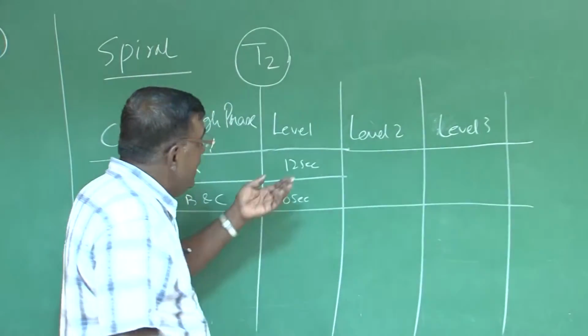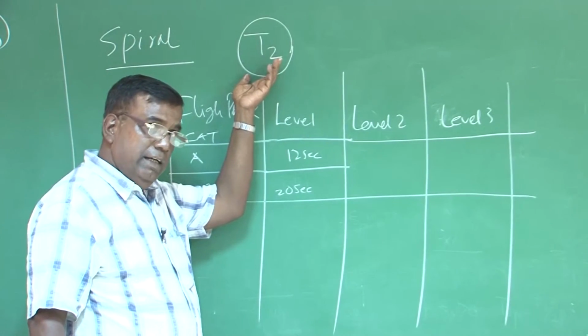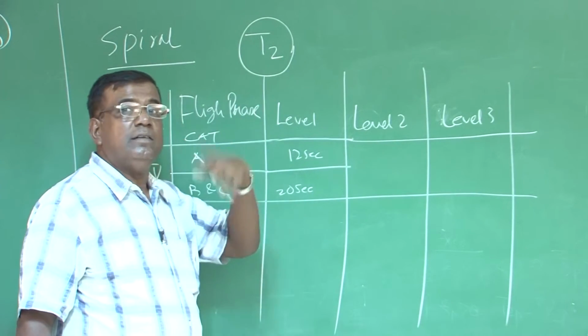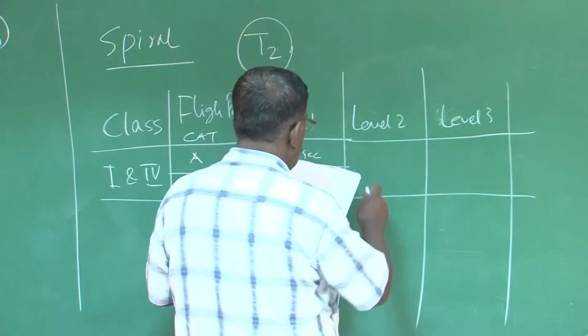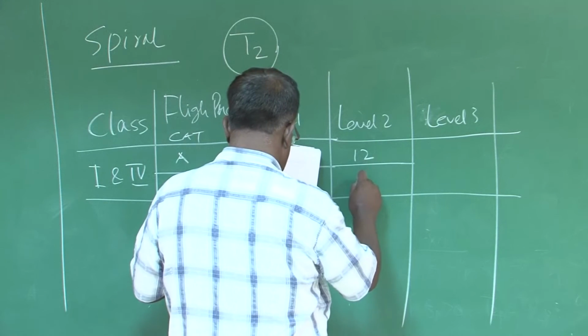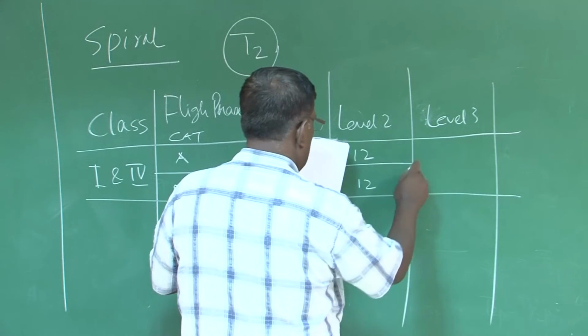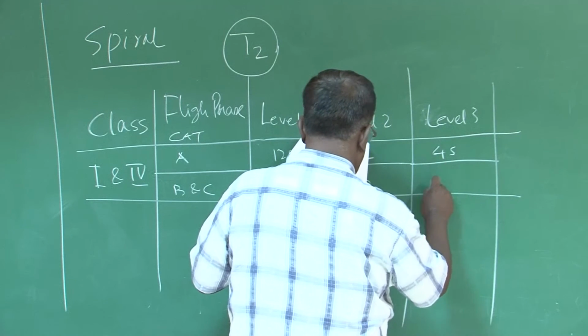That means when you're talking about time to double, it is showing undamped but unstable, which doesn't mean uncontrollable. Okay? For level 2, it is 12 seconds, 12 here, and here it is 12 seconds. And for level 3, it is 4 seconds, it is 4 seconds.